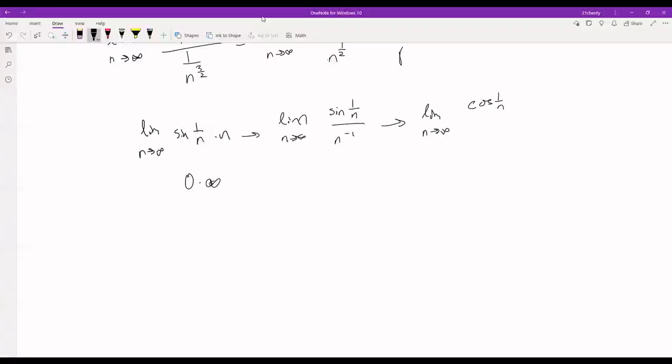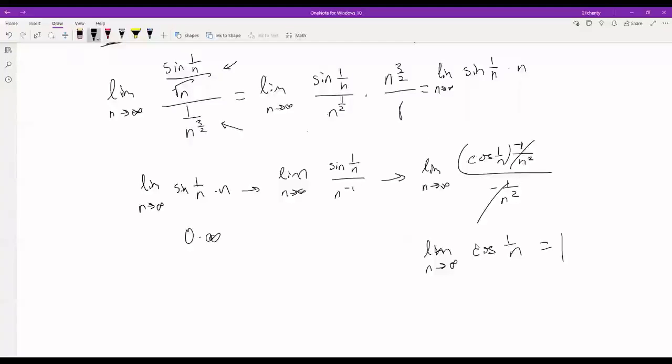So the derivative of 1 over n, or n to the negative 1, is negative 1 over n squared. And the derivative of n to the negative 1, again, is negative 1 over n squared. So this cancels with that, and we're left with the limit as n approaches infinity of the cosine of 1 over n, which is the cosine of 0, which is 1.